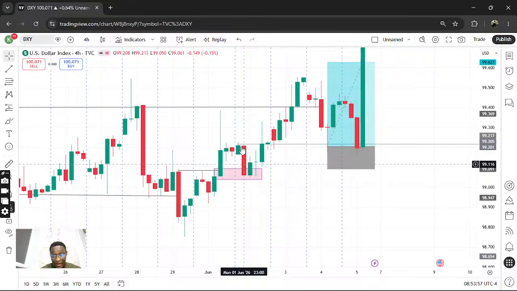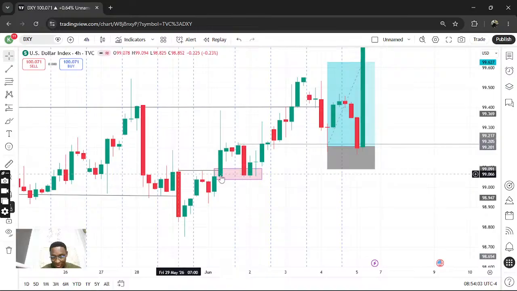Market returned into that particular order block, because this bearish order block that's formed was what created this impulsive movement that first moved on Monday. So when the market returned just above it, this is a clear point to take a trade.